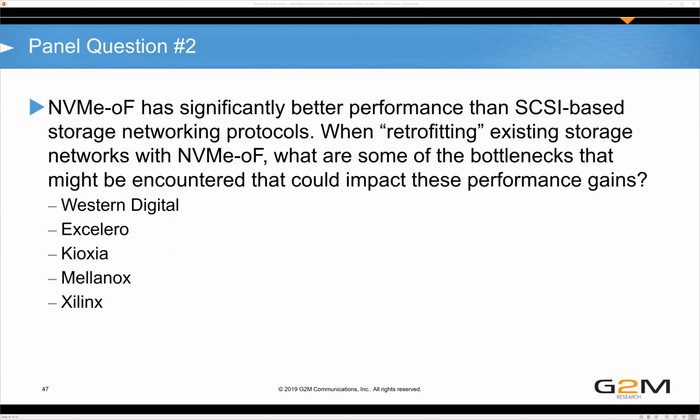But if a read lands on a flash chip that is busy doing an erase, it's going to wait for 3 milliseconds or more. And so an optimal mapping of application to drive and an optimal management of the low-level media turns out to affect the latency distribution as much as the network design.